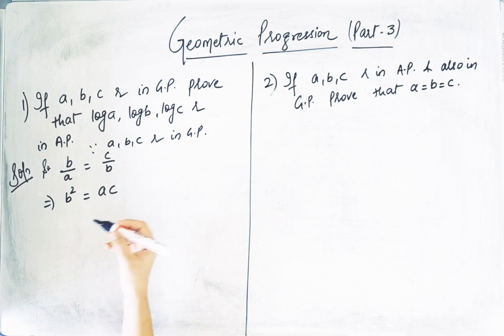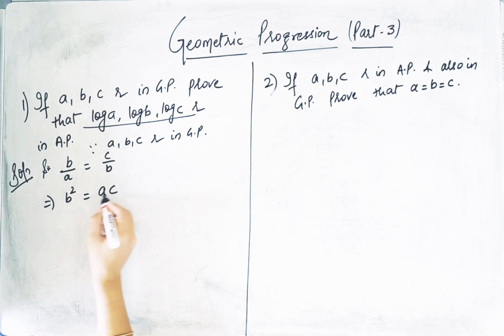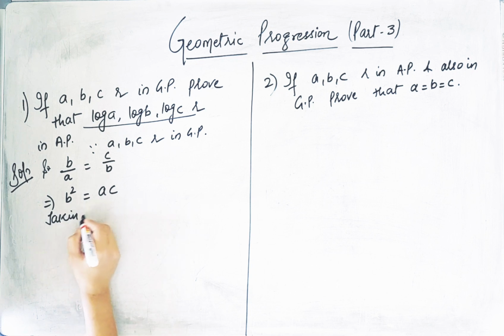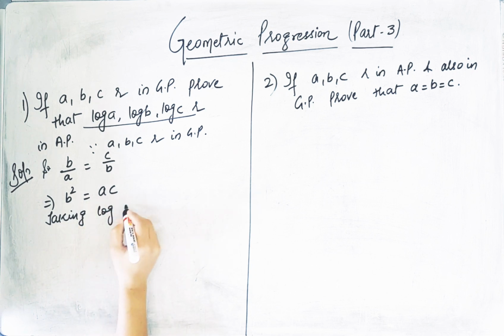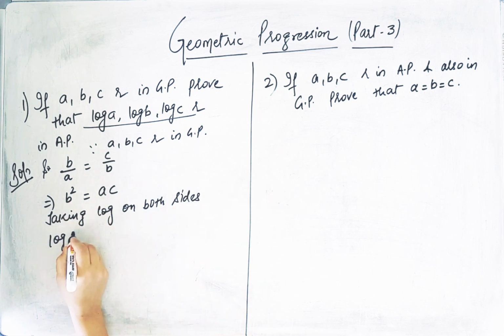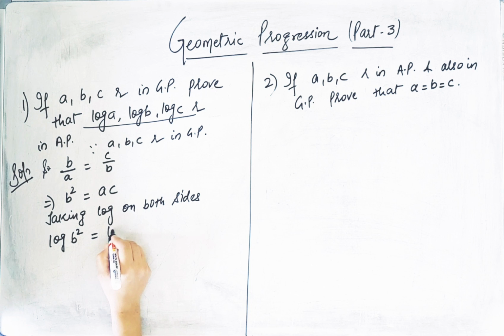Now since what they are asking us to prove is related to log, we'll take log on both sides. When we take log on both sides, we'll get log B squared equals log AC.